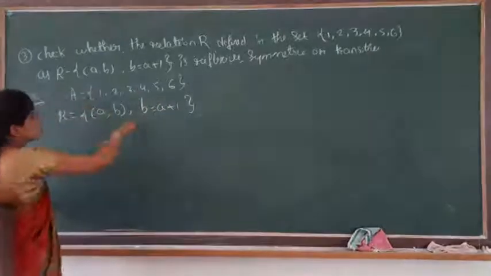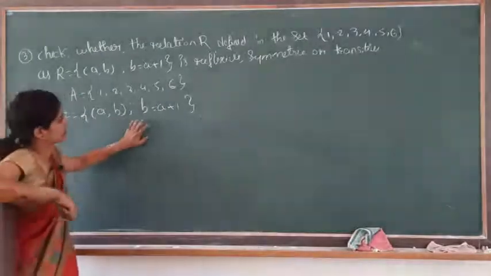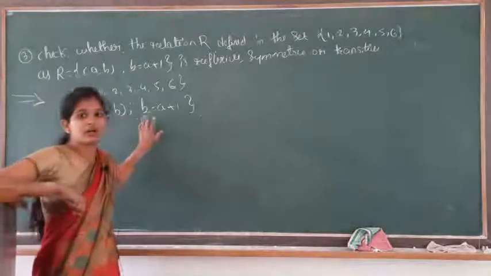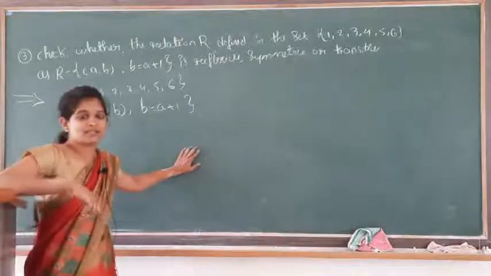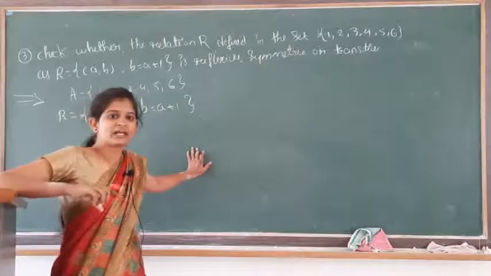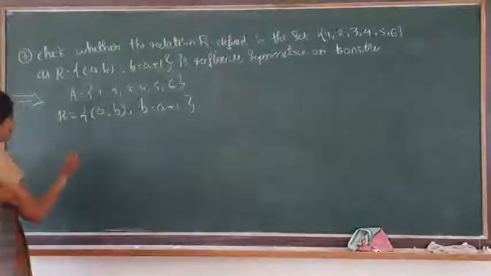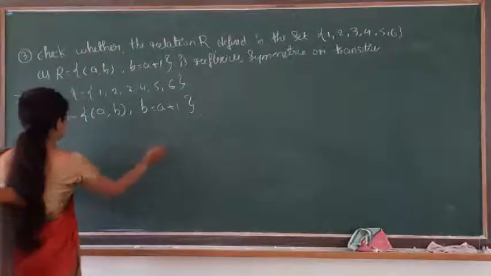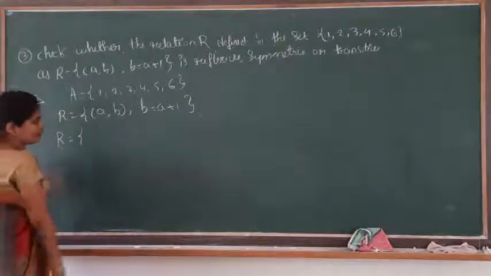This set is in set builder form. We have to first convert set builder form into roster form. You all know that roster form is the set described by listing the elements separated by commas, right? Then how to convert the set builder form to roster form?